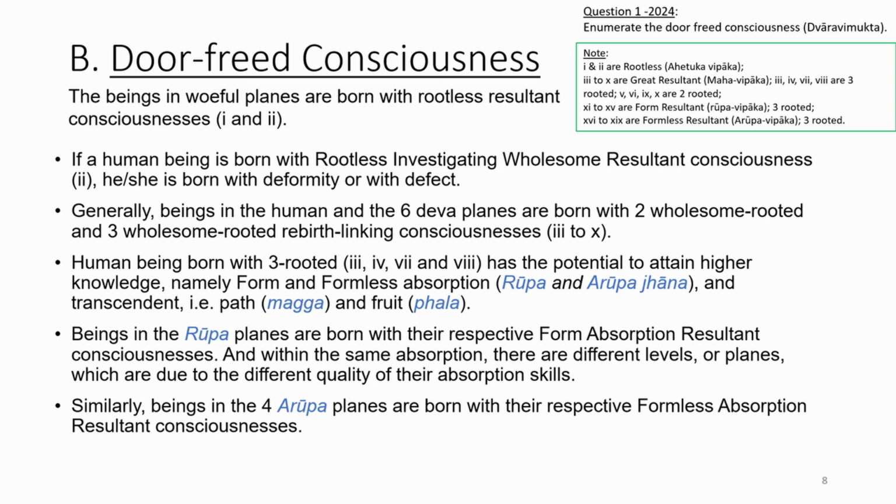These are due to the different quality of the absorption skills. That means even if the beings may have first rupa jhana, the quality or skills of the rupa jhana may vary. As a result, when they are reborn there, they'll be reborn in a different level within that same plane.